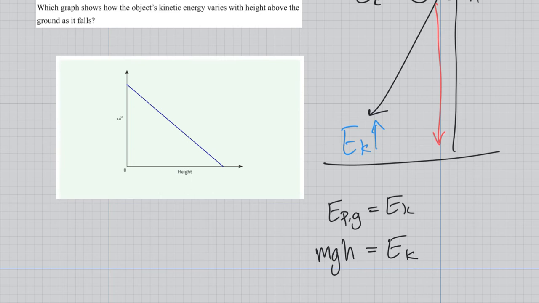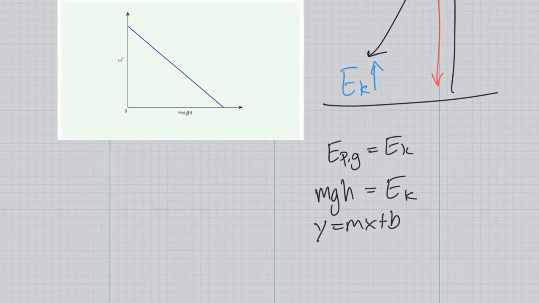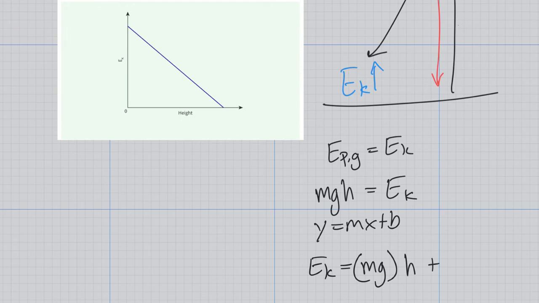And what we see is that this is a linear relationship. If we were to solve for EK and write this in terms of y equals mx plus b, we would write EK equals mg times h plus 0.